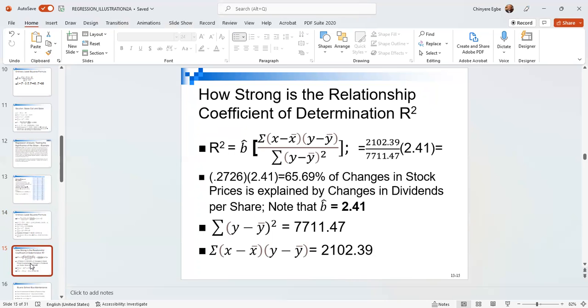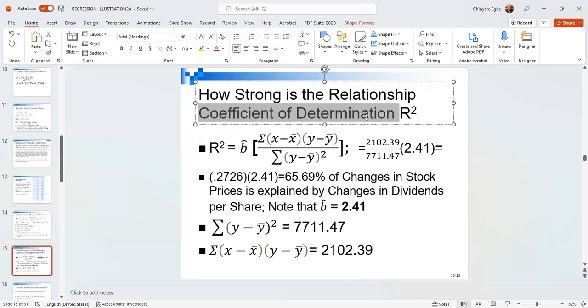In order to calculate how strong the relationship is, we use what we call a coefficient of determination. This is very critical that you say exactly what it is: a coefficient of determination. That coefficient of determination is symbolized with r squared. So how do you calculate r squared?